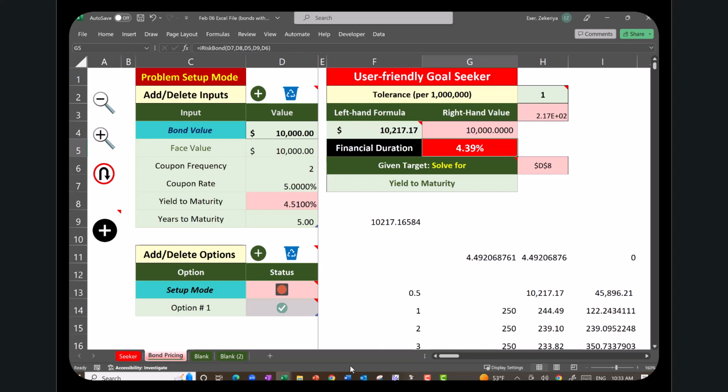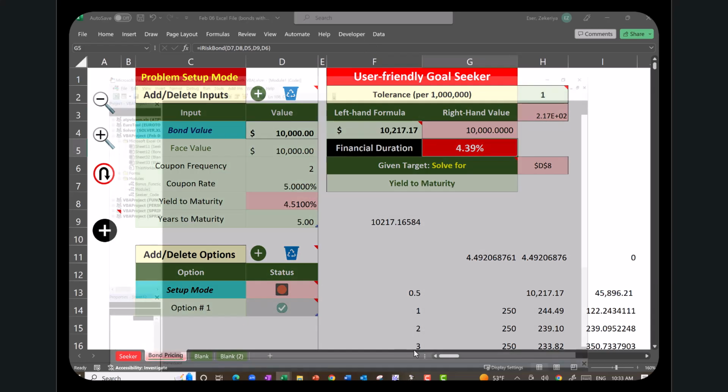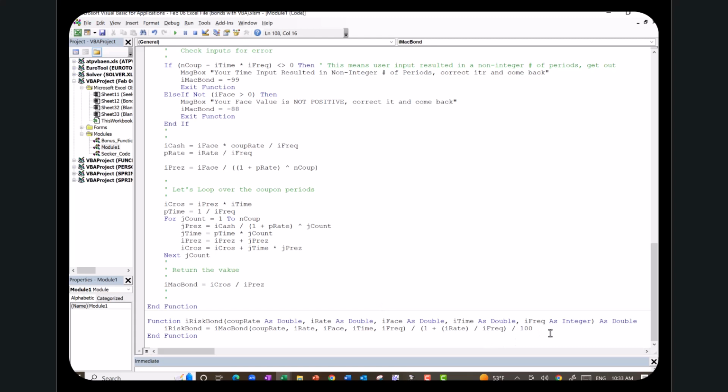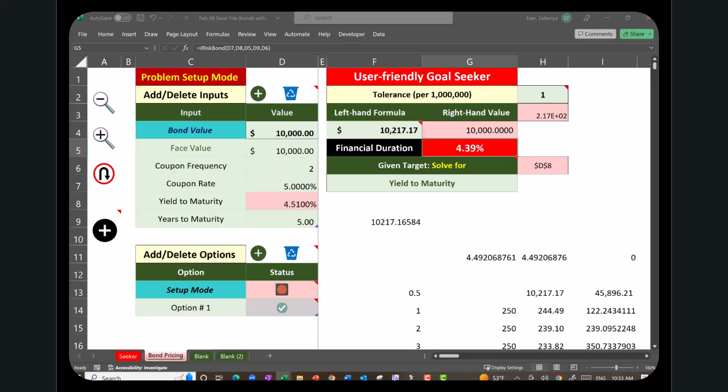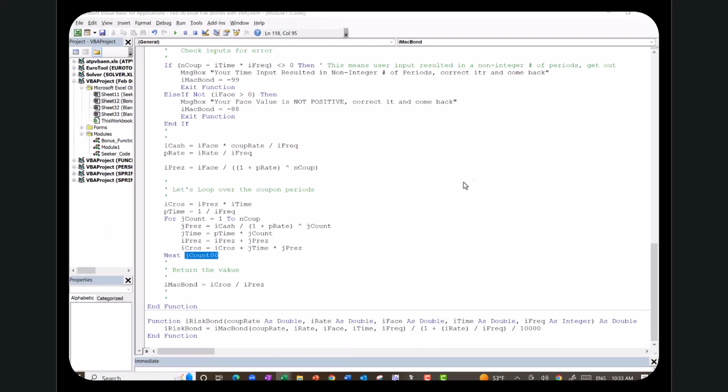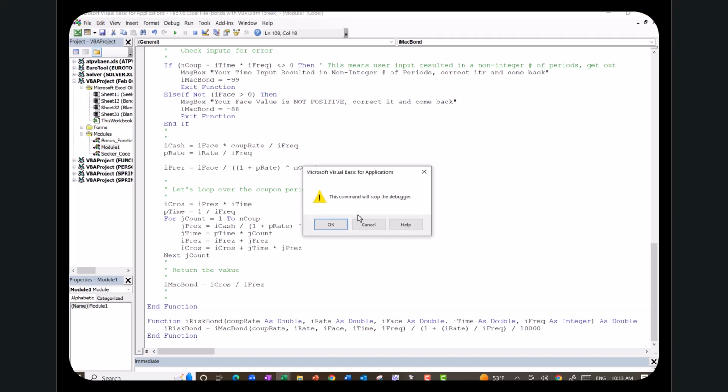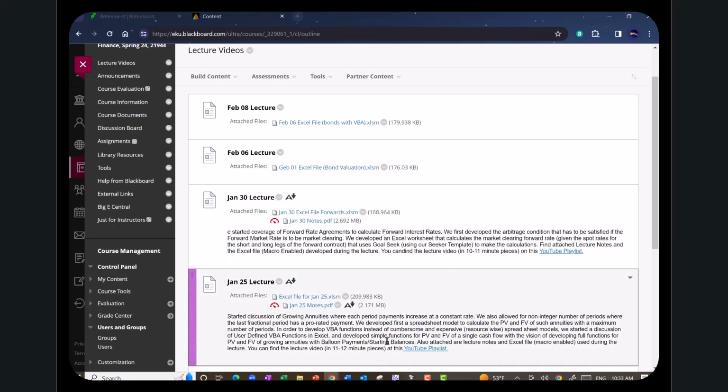Now, I need to divide that by, if I'm making a percent, I need to divide by 10,000. Of course, I've written the wrong place.